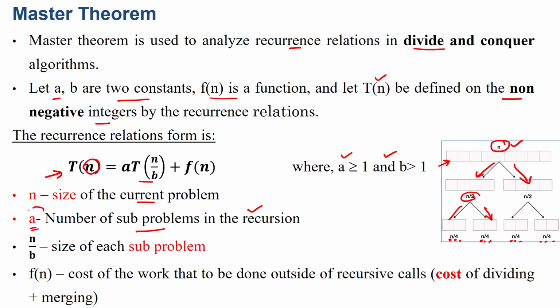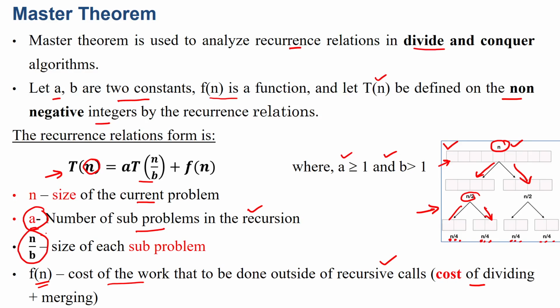So a is the number of subproblems into which we partition the original problem. F of n is the cost of the work that has to be done outside the recursive calls, which is applying the divide and conquer method.